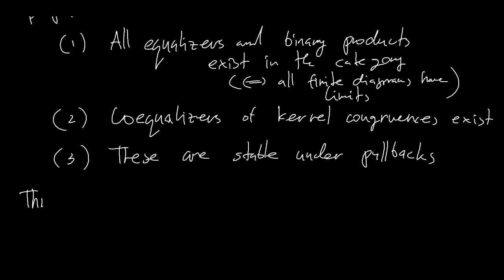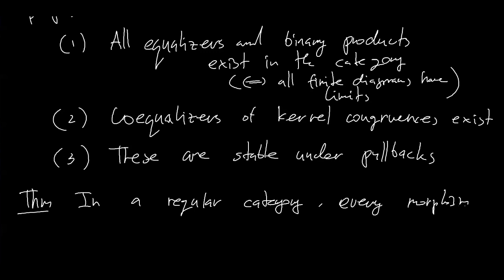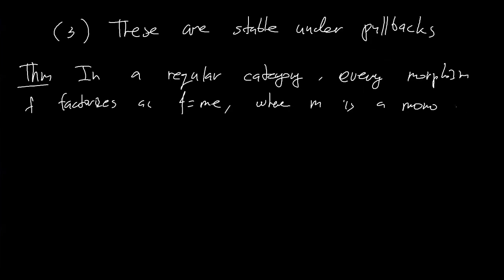And then we prove this theorem that in a regular category, every morphism F factorizes as ME, where M is a monomorphism and E is a coequalizer.